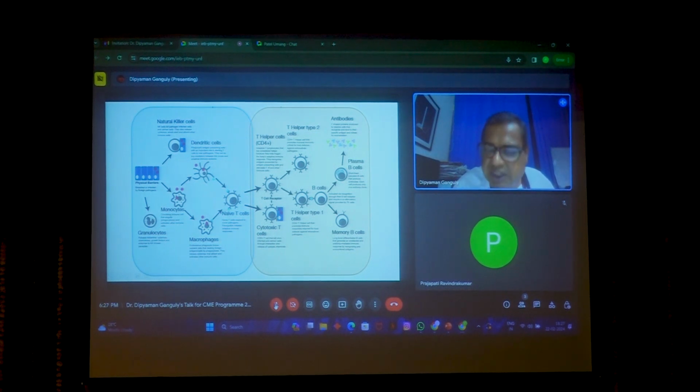Some of the cells will turn into helper cells, some will turn into cytotoxic CD8 T cells, and these helper cells will also drive B cell activation, and B cells will start producing antigen-specific antibodies.